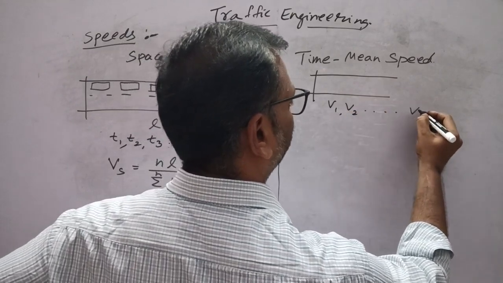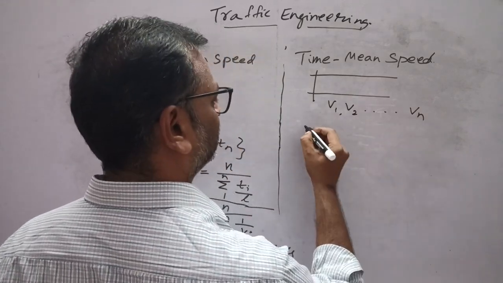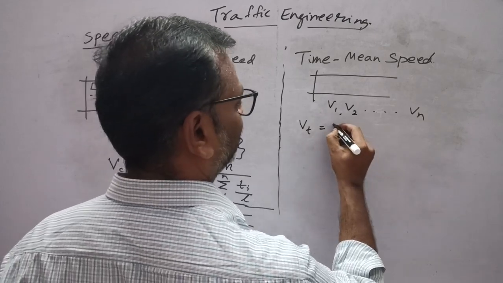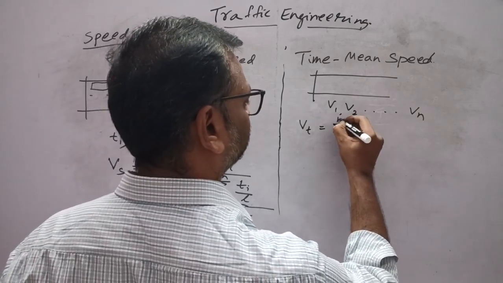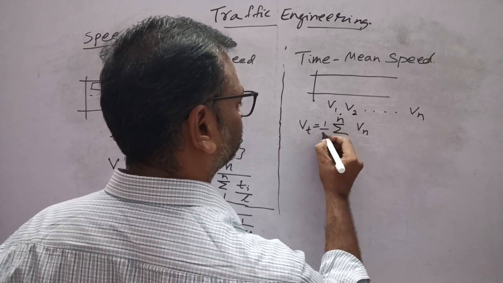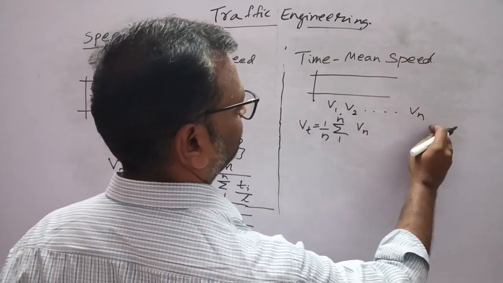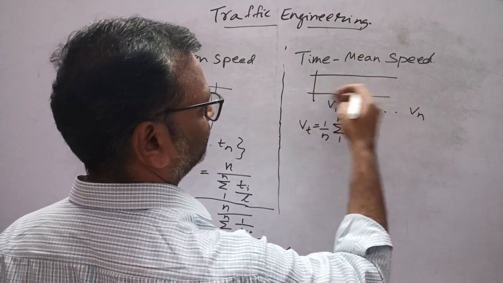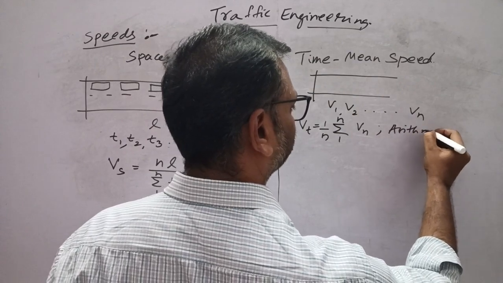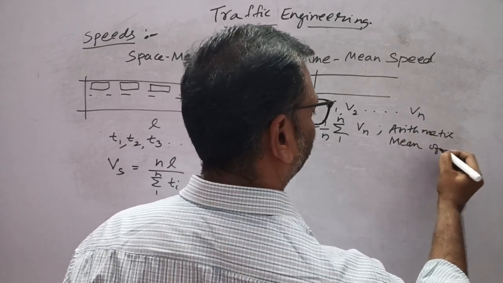Suppose V1, V2 up to Vn is the speeds of all the vehicles. Now Vt, that is time mean speed, can be directly given as directly taking the average of the speeds of all the vehicles that have crossed this location, which is the arithmetic mean. Arithmetic mean of speeds.